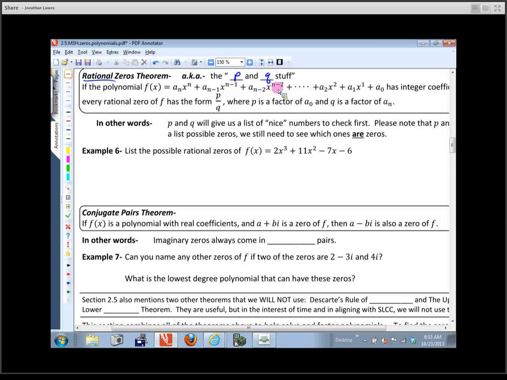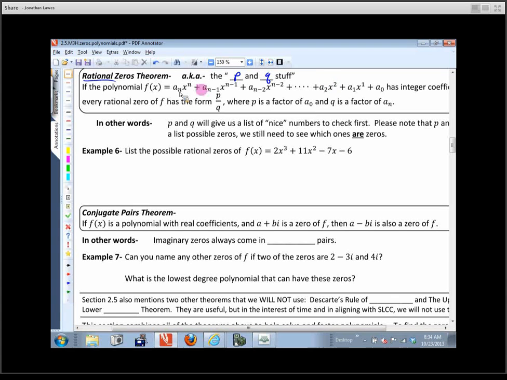What's the power on this one? 5, and so forth, all the way till we get down to 2 and 1, and then the last number doesn't have an x on it. It's got an x to the 0, so we end with just that constant right there. So this is a very, very fancy and very ugly way of saying, write down your polynomial in descending order. That's all it means. But mathematically, that's how we would represent that.